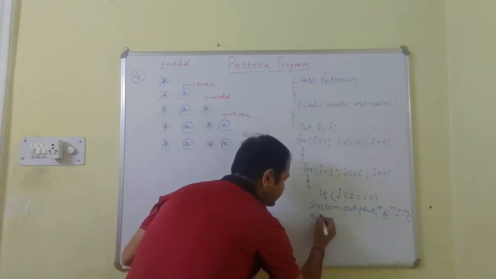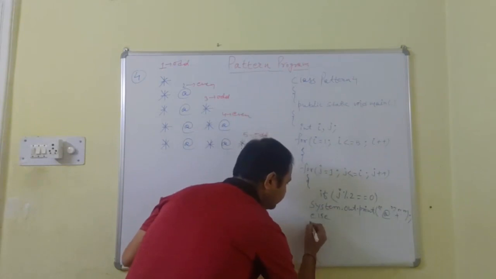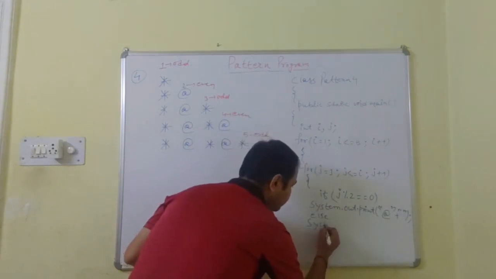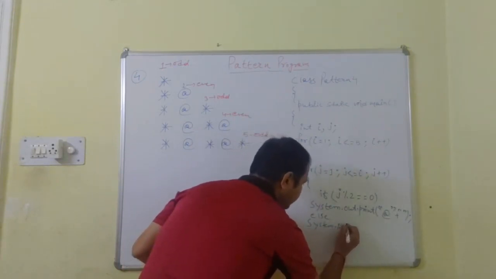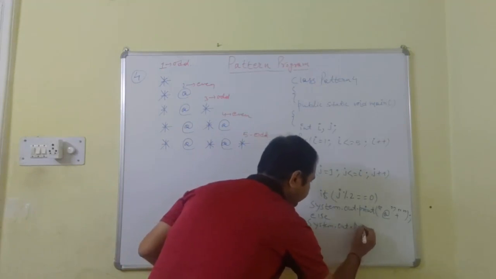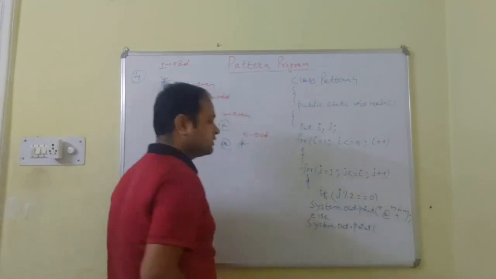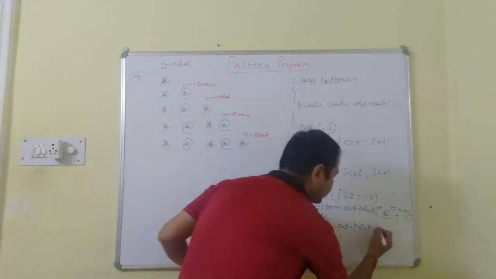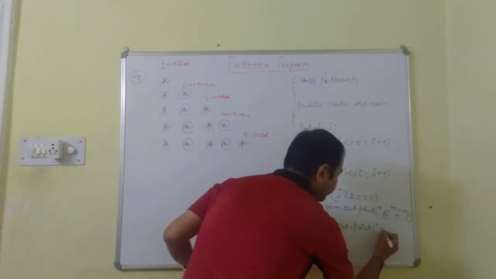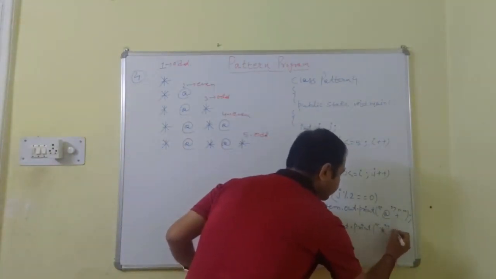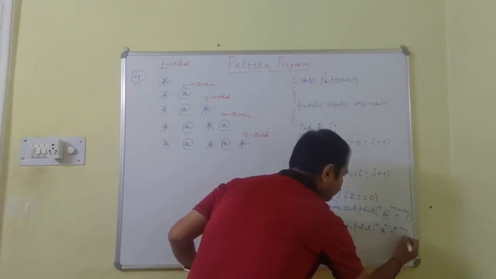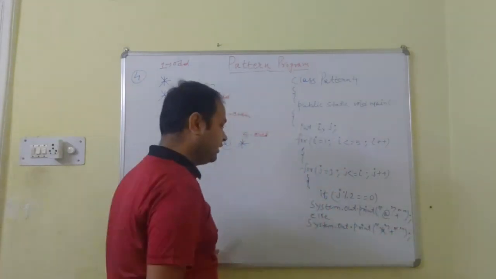Then else, System.out.print. Otherwise, if it is odd, we will print star. So within double quotes we write star, and a space will be provided.